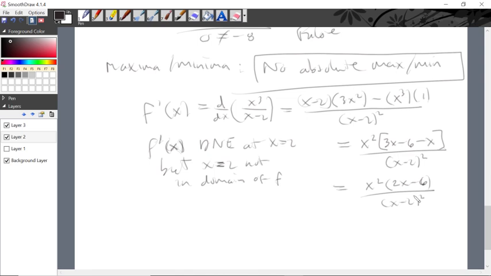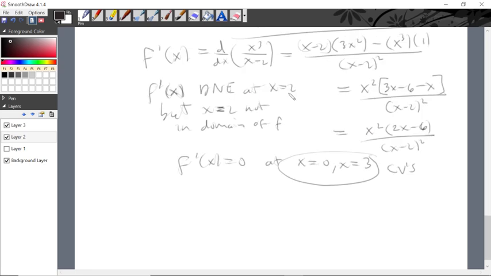Okay. So find out where the numerator is equal to 0. If the numerator happens to equal 0 where x is equal to 2, we can remove one of those factors. Otherwise, anywhere where the numerator is equal to 0, we'd want to investigate those as critical values. So we have f prime of x equal to 0 at x equals 0 and at x equals 3. So these are the critical values for us to consider.